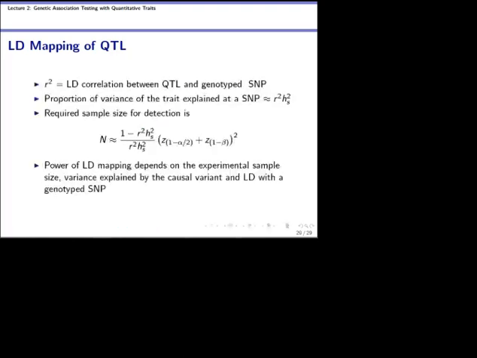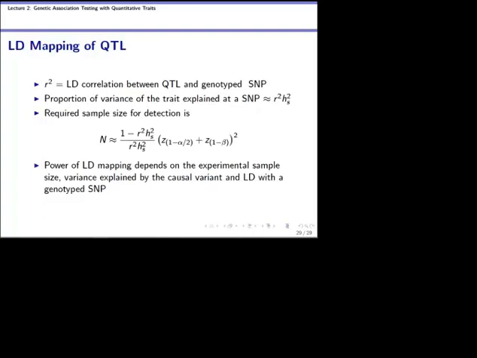And R squared is actually the LD correlation between the QTL and the genotyped SNP. So when we're talking about power, we're talking about the R squared of the trait and the true causal SNP. But really, the R squared is the correlation between the QTL and the genotyped SNP, which may not be the causal SNP.